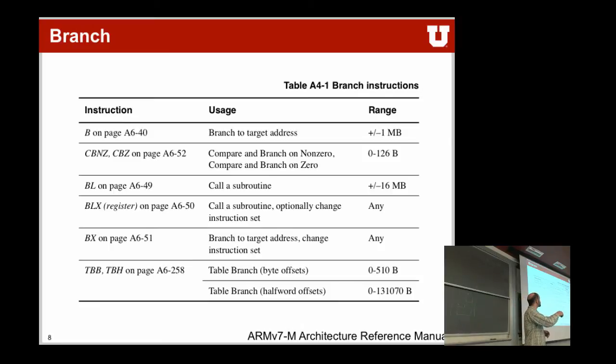B instructions can only go that far because they are encoded in 16 bits. Other instructions are encoded in larger numbers, and that way they can have larger constants associated with them. And those that can jump anywhere are usually based on a register, where the jump address is stored in a register and not encoded in the instruction itself.